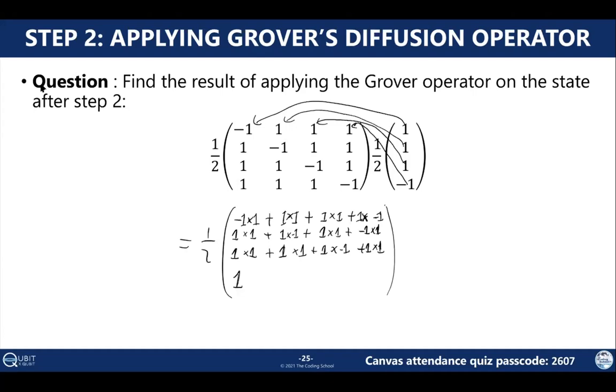And then the final most important line, 1 times 1, plus 1 times 1, plus 1 times 1, plus -1 times -1. So this will give us, normalized by 1/2, -1 plus 1 plus 1 plus -1. So that's 0, because -1 plus 1 is 0, plus 1 is 1, -1 is 0. Same thing with this line, 1 plus -1 plus 1 plus -1, 0.